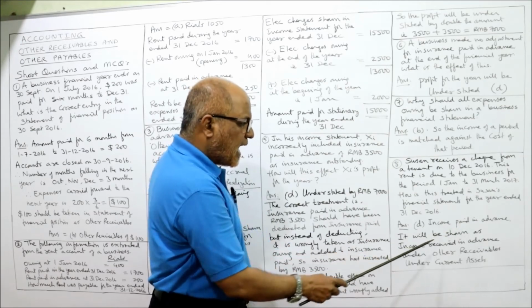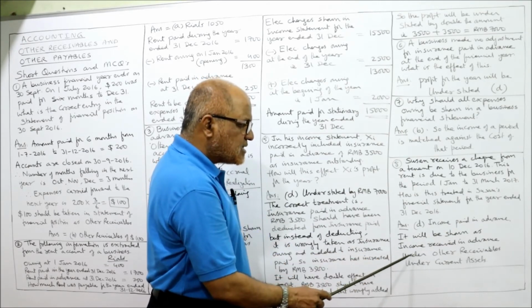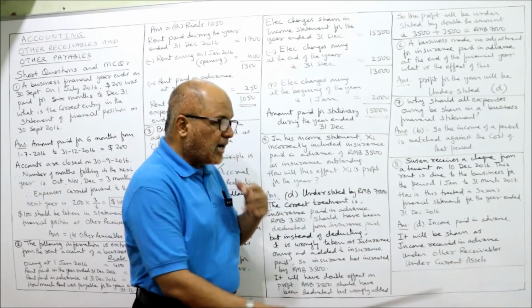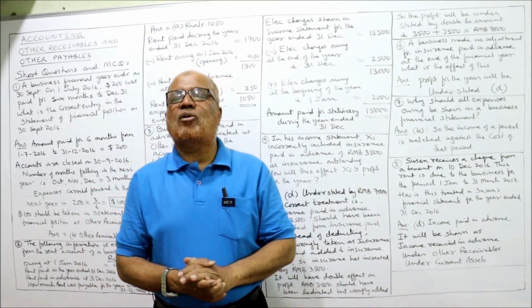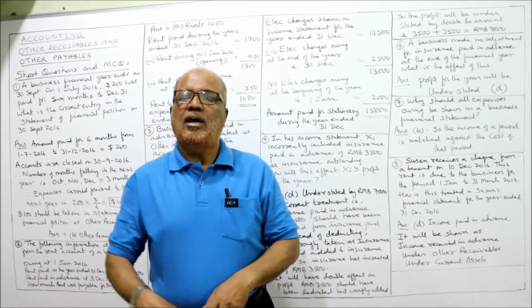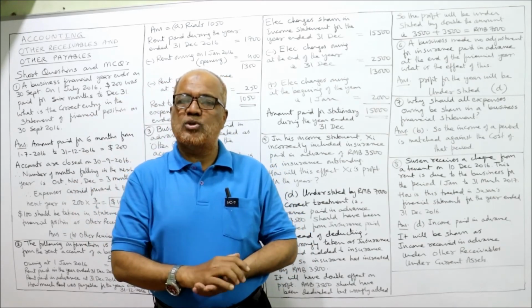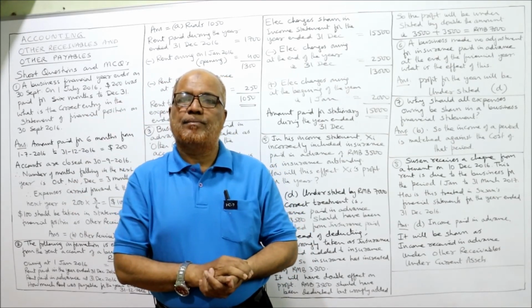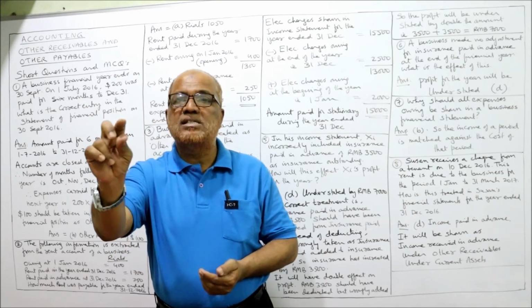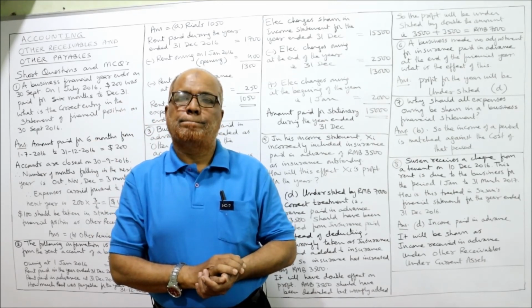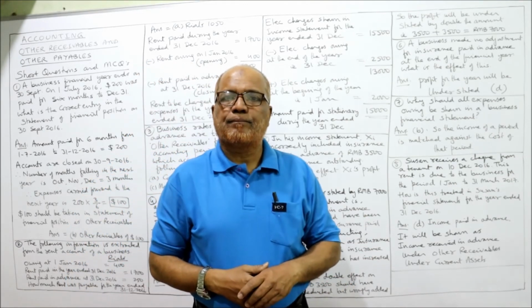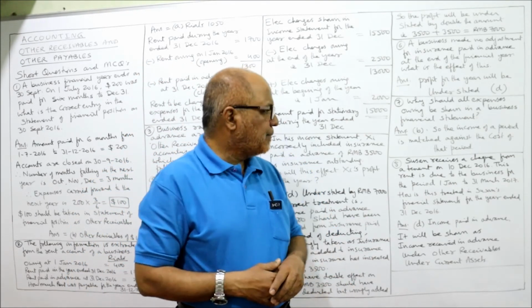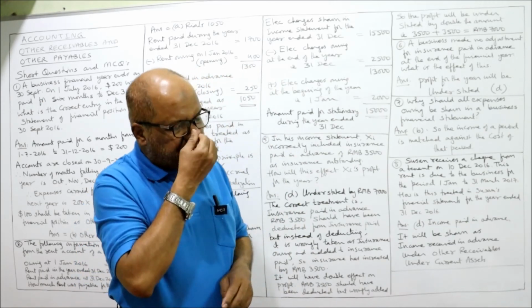It will be shown as income received in advance under other receivables, under current assets. When Susan prepares the statement of financial position, under current assets, other receivables, we will take income paid in advance.